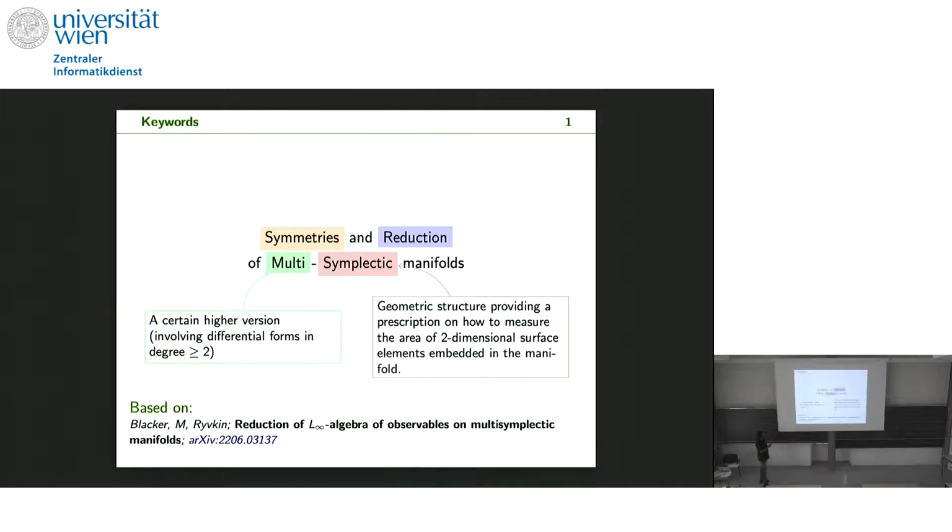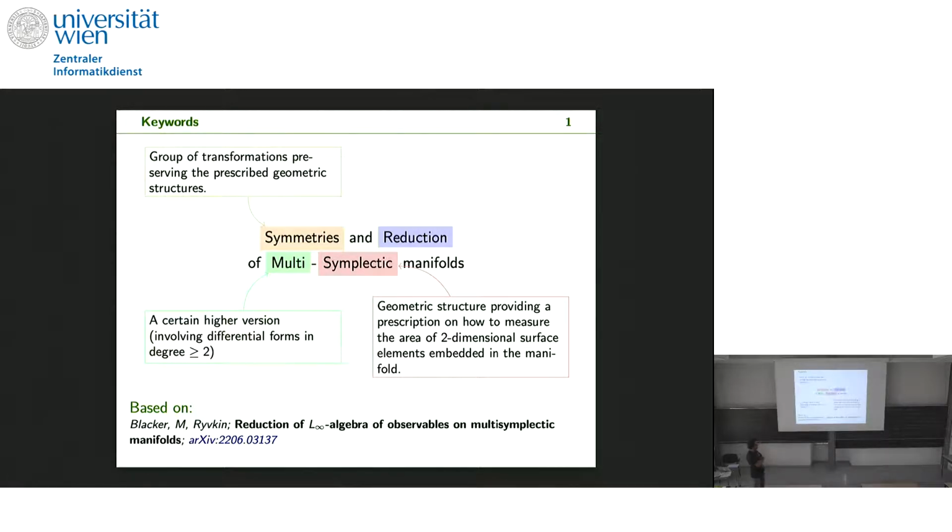I mean, the prescribed differential form is of degree greater than 2, while in the case of symplectic, you consider a closed non-degenerate 2-form. And by symmetries, we mean a group of transformations preserving the prescribed geometric structure.